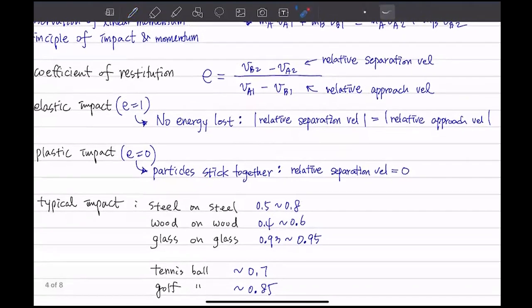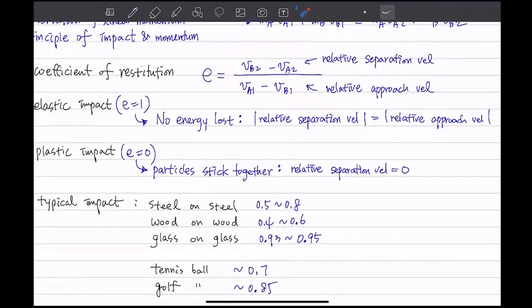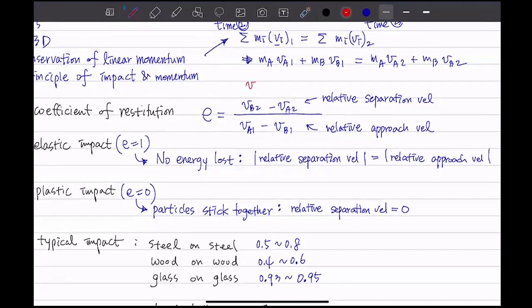Okay, so this thing here is a little bit confusing, the A1, B1, A2, B2. Because it's a ratio, if you're not sure whether this has to come first or VB1 has to come first, well, the actual definition is this, but you can also flip these in some cases, like VB1 minus VA1 over VA2 minus VB2.